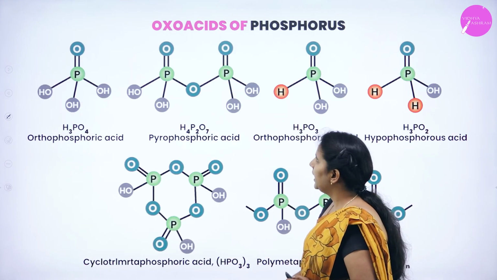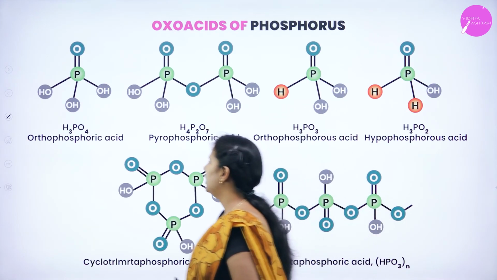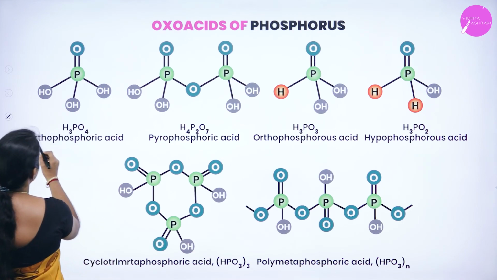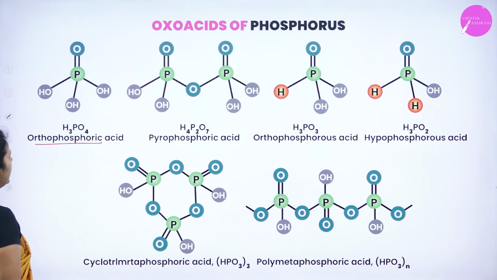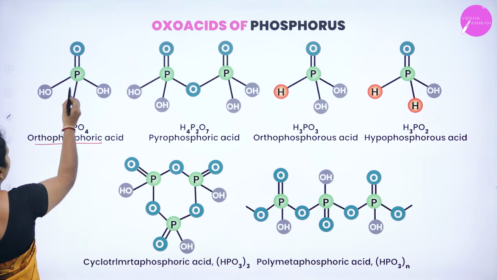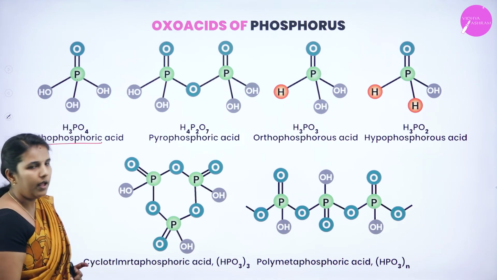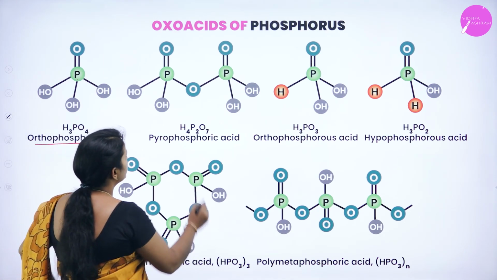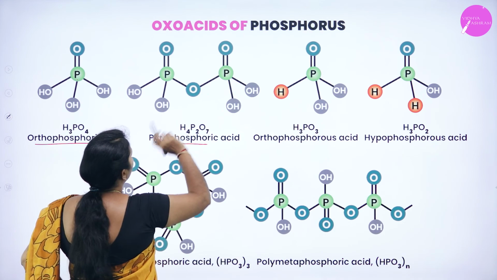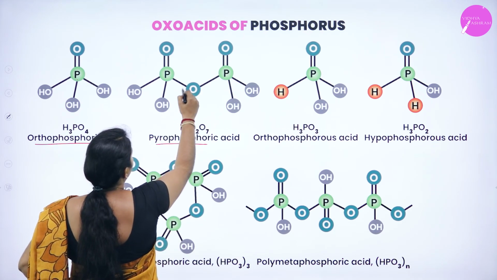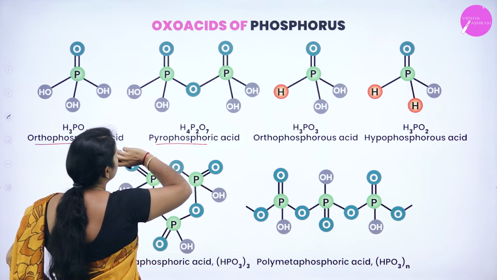Coming to their structure, you can see that this is the first one, orthophosphoric acid, where there are 3 hydrogen atoms and 1 phosphorus atom, which is surrounded by 4 oxygen atoms. And I have the pyrophosphoric acid structure, where 2 phosphorus atoms are linked together by an oxygen atom.